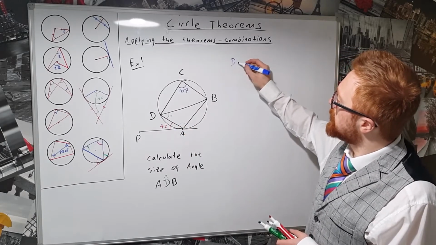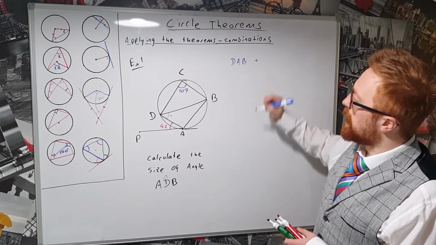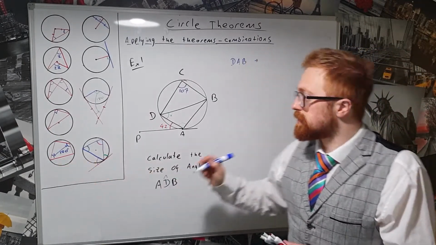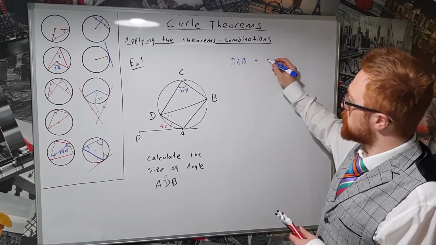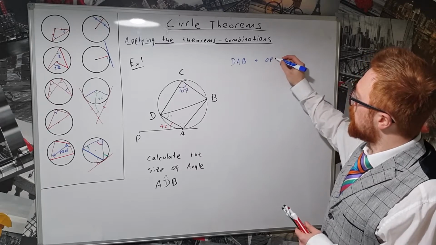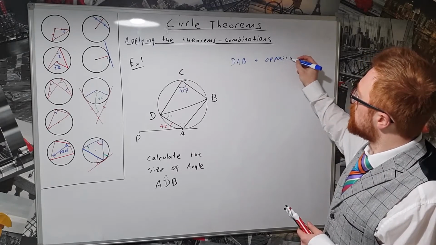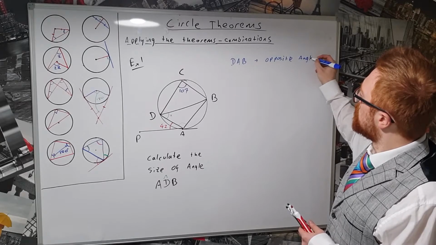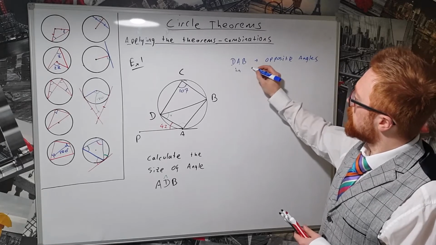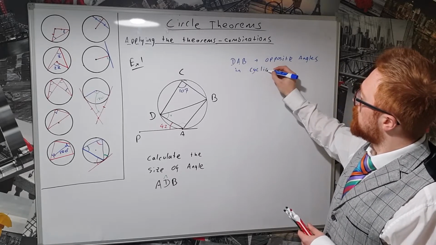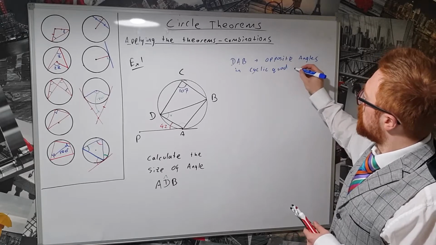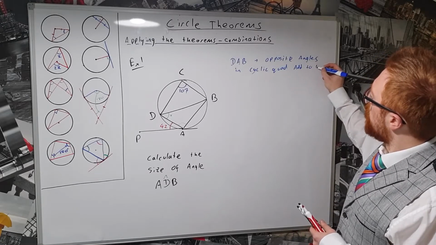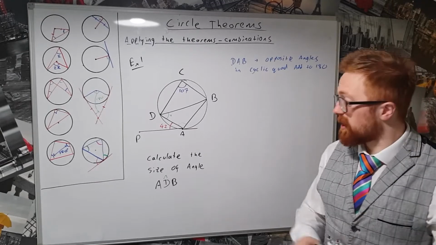We can find DAB, and we're using the opposite angles in a cyclic quad add to 180 circle theorem.